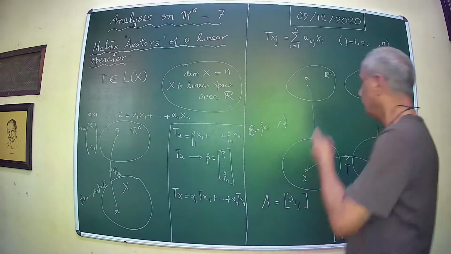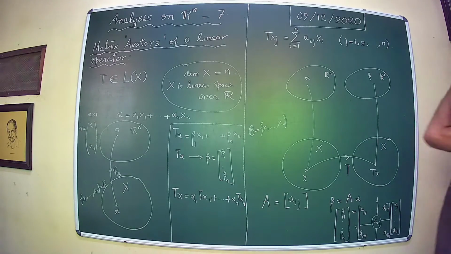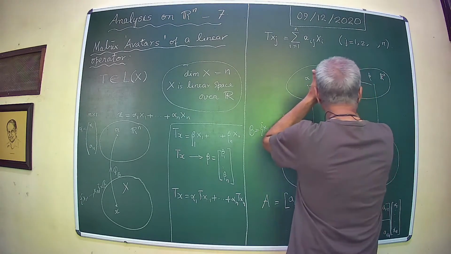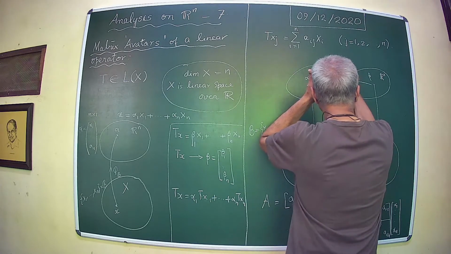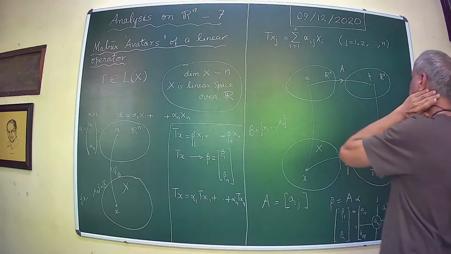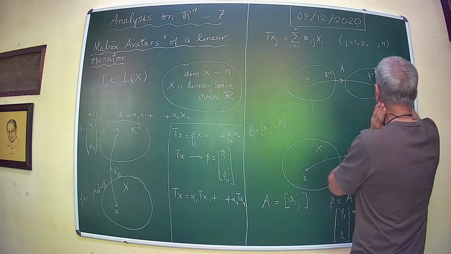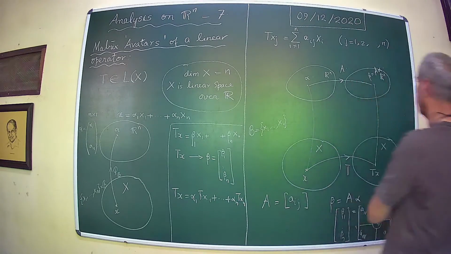Okay, fine. So this is now represented by a matrix. So A maps alpha to beta, beta equal to A alpha. This is the picture that you get.